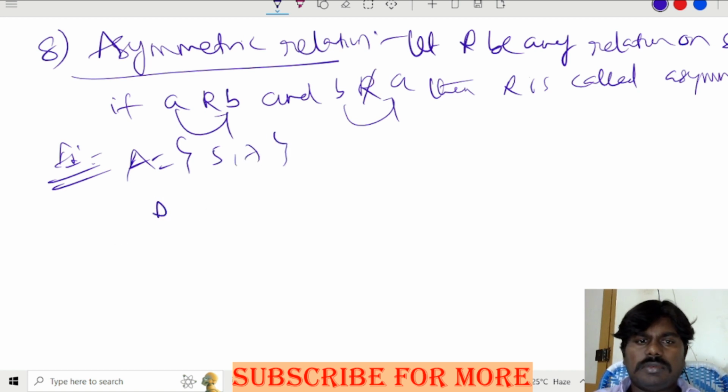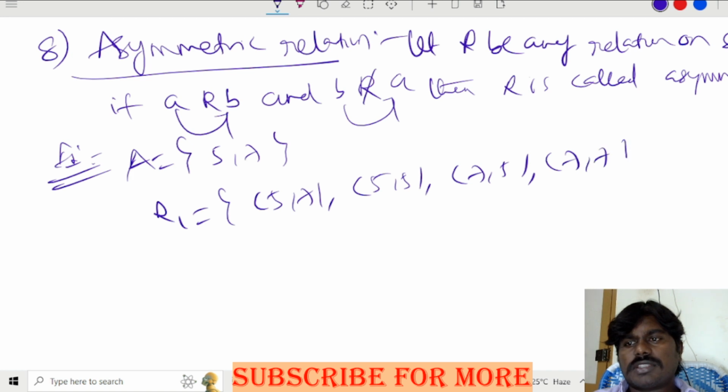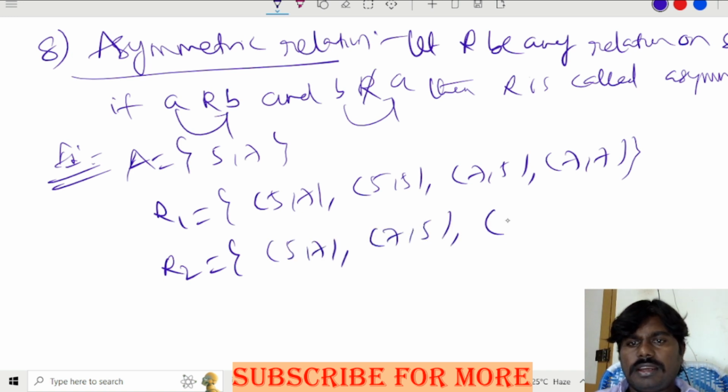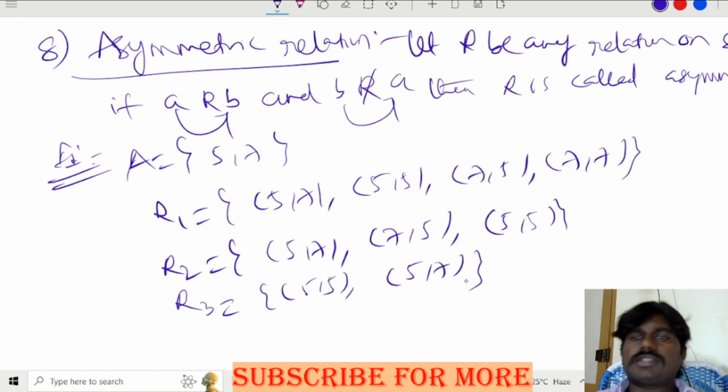Next here I am taking one relation R1 like this: (5, 7), (5, 5), (7, 5) and (7, 7). Okay, and R2 I will define like this: (5, 7), (7, 5) and (5, 5). Next R3: (5, 5), (5, 7).